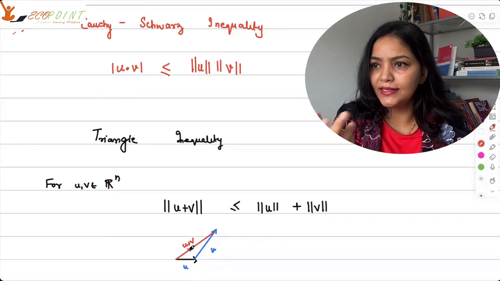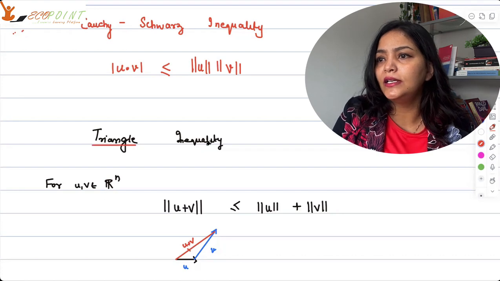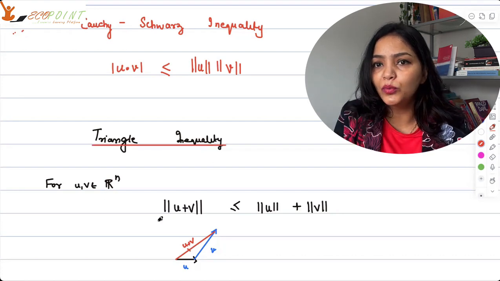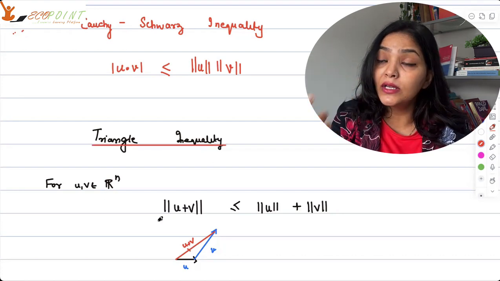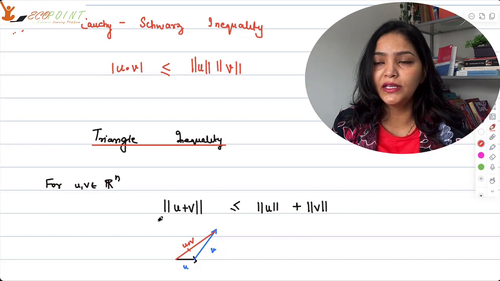That's why it's called the triangle inequality, and mathematically, when we prove it algebraically, it's a consequence of the Cauchy-Schwarz inequality.